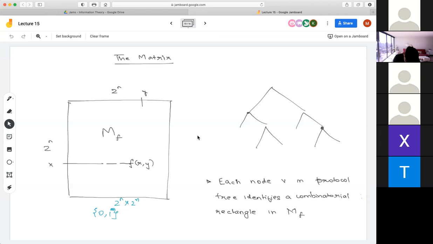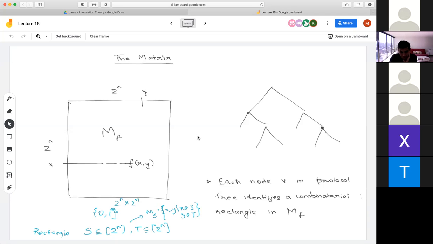So a rectangle is just specified by an S, which is a subset of rows, a T, which is a subset of columns. And you think of this matrix M sub S,T, which is just all x comma y, such that x is in S, y is in T. So it's just this submatrix. It's not necessarily a square submatrix, not necessarily a principal submatrix, but some submatrix.